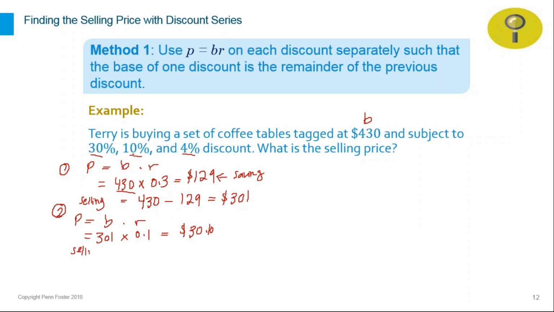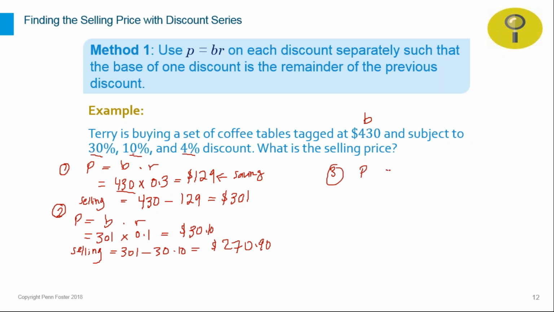So selling price after the 30 and the 10% discount equals 301 minus $30.10. And that will give you a new tag price, $270.90.